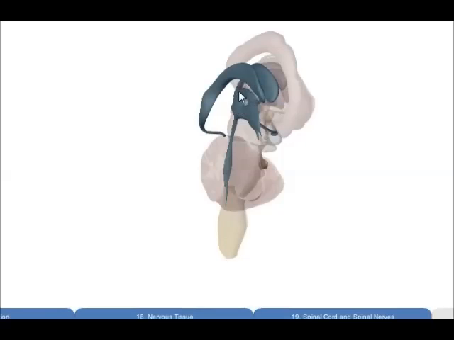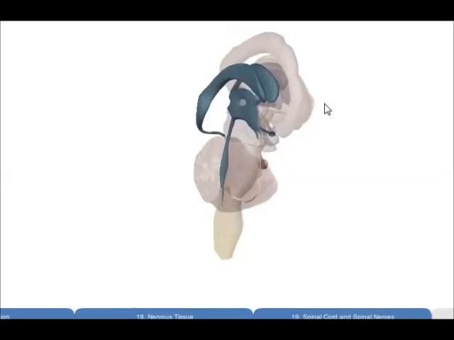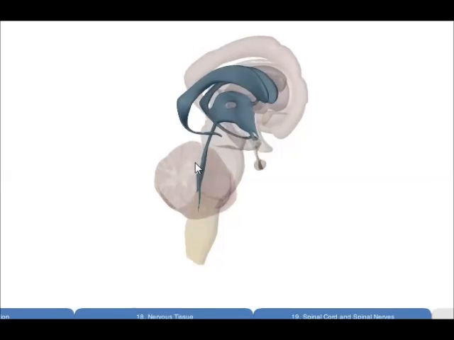It goes down into the third ventricle, down the cerebral aqueduct, and into the fourth ventricle down here, and then goes back up around the brain into the arachnoid matter, which is one of the three meninges of the brain that we'll talk about in just a minute.